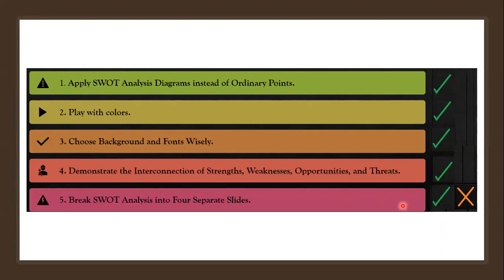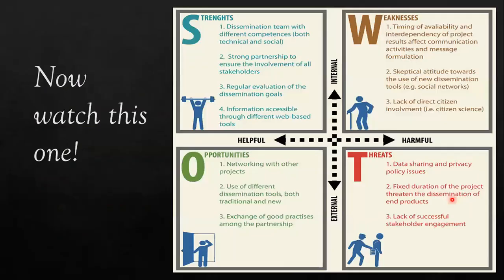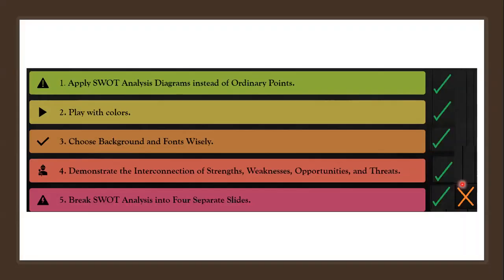And again, number 5, well, they didn't separate it. So that's why I put an X here, but also a check because it was kind of hard. So here it is. So by now, we already analyzed a good one and the other one that was not too good.